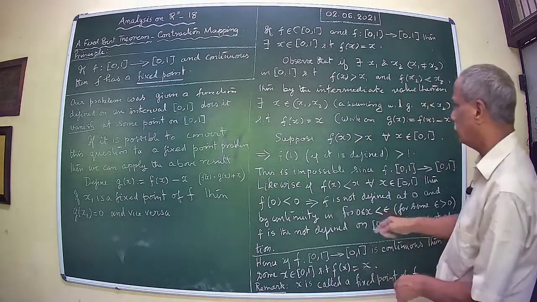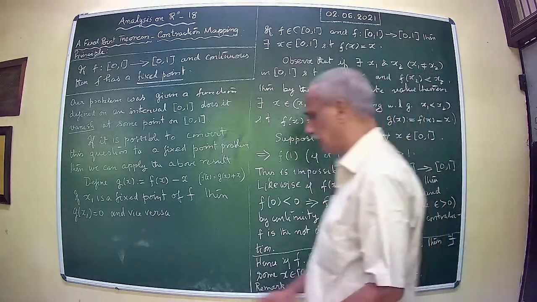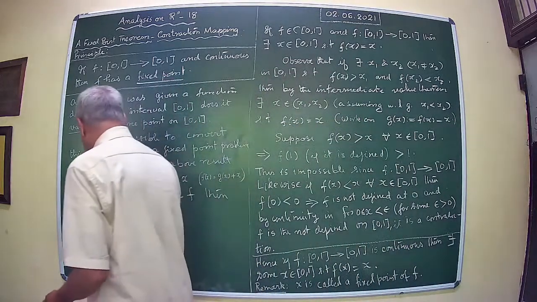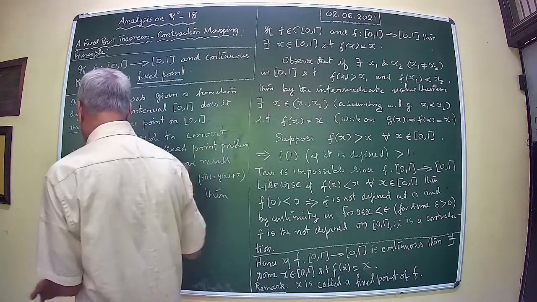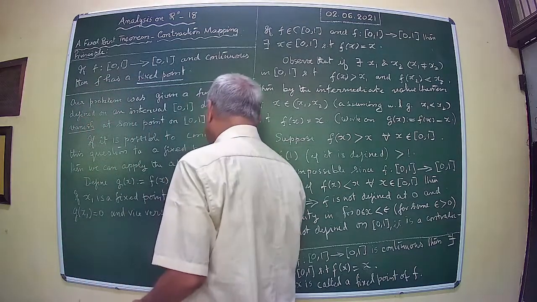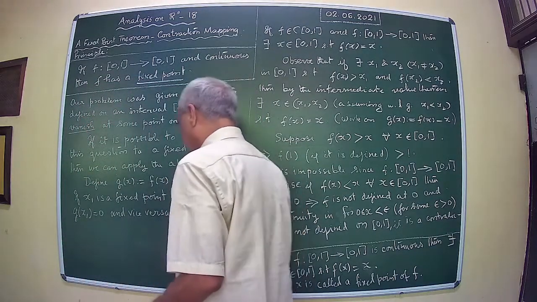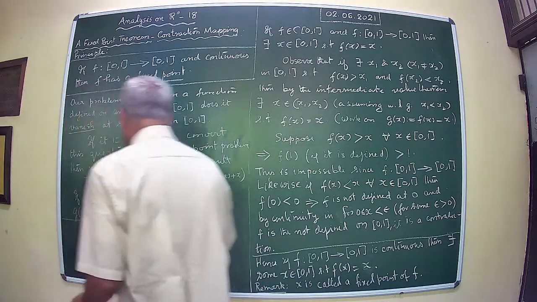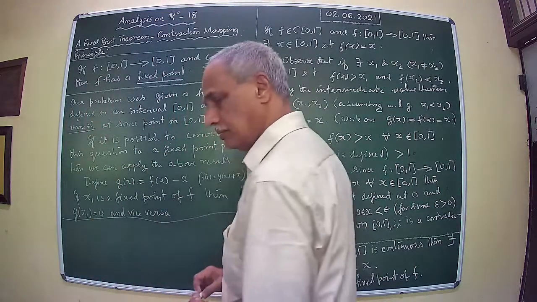Then only you can apply this theorem. So all these things are required. So the question is, can you convert this into such a theorem? If you can transform it, then you can apply this theorem, get the result. Okay, so I'll just leave it there.